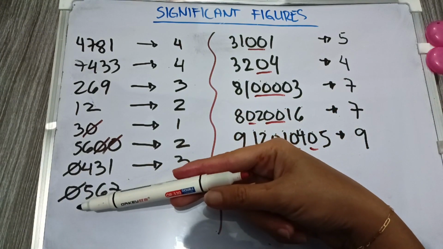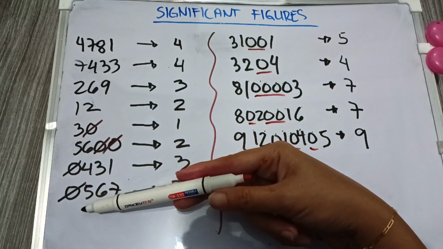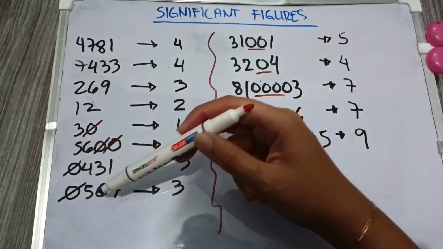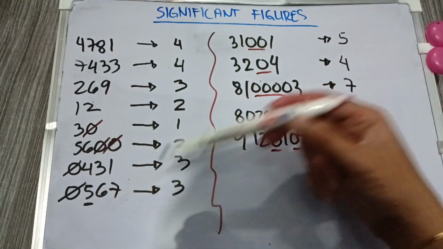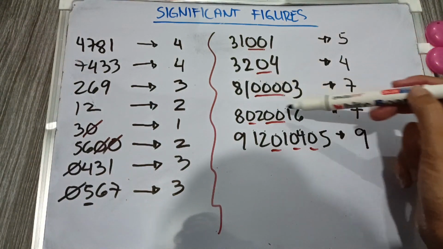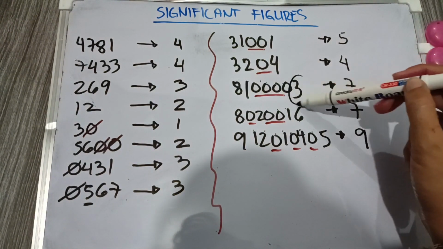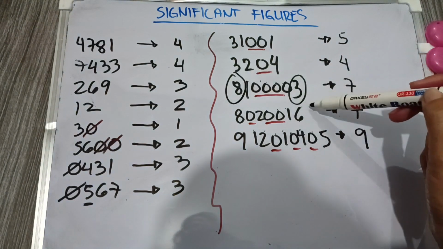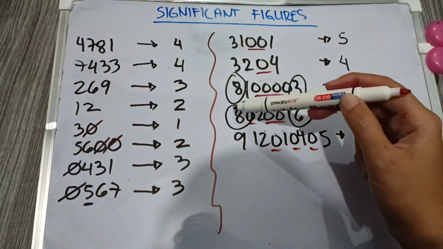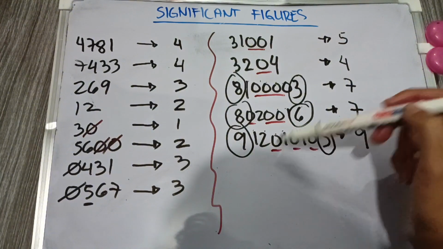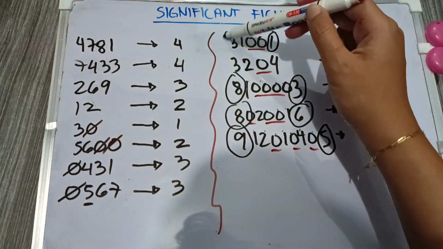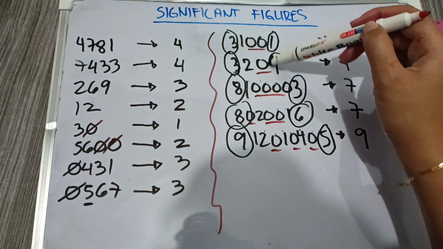In here, they are at the beginning of the significant figures, so we cannot count that as well. We can only count zeros between this and this. Always remember that the zero should be in between the two non-zero digits.